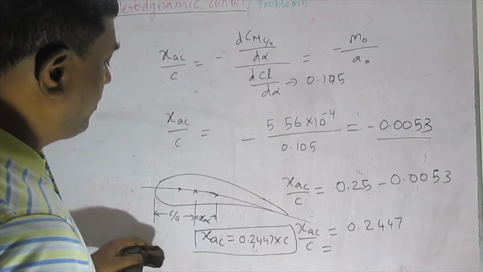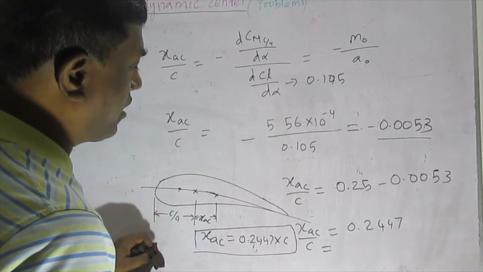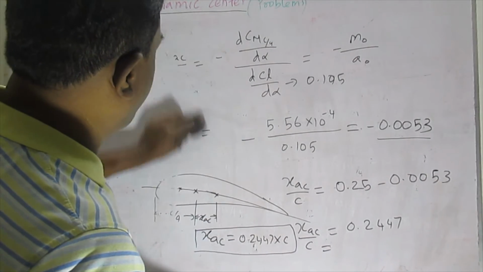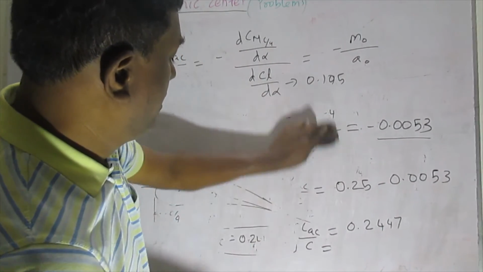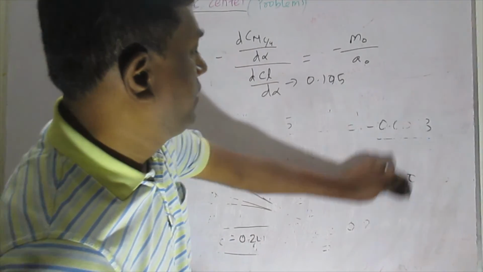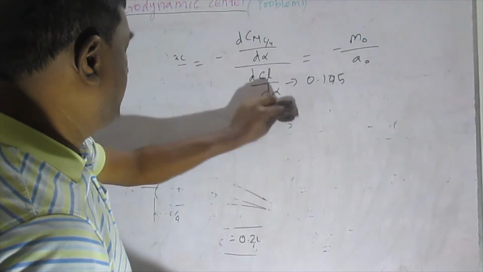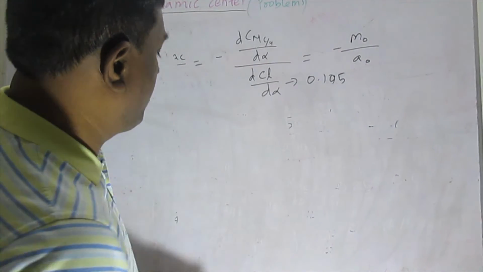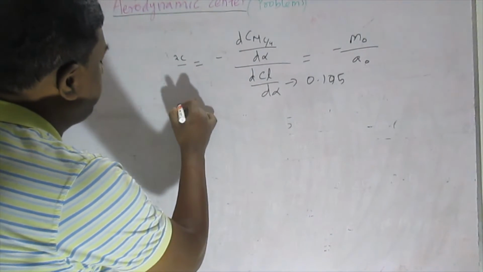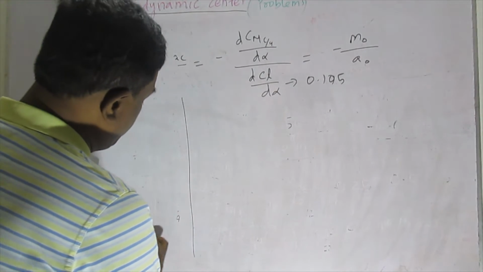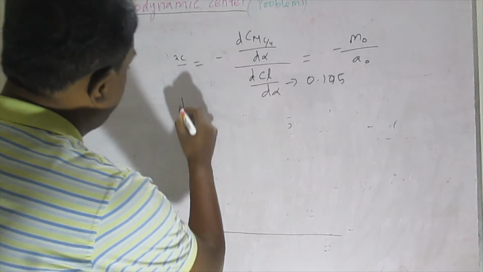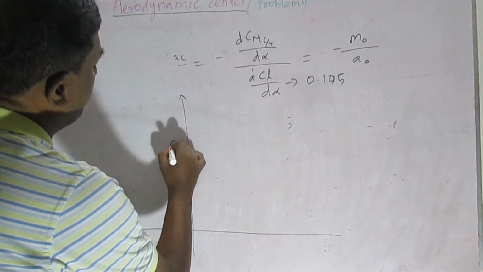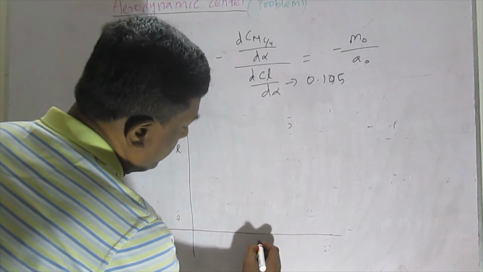If you want more clarification on how we are getting these values, they are given in the Theory of Wing Sections book. So this is CL, and I am just giving the idea for finding CL.